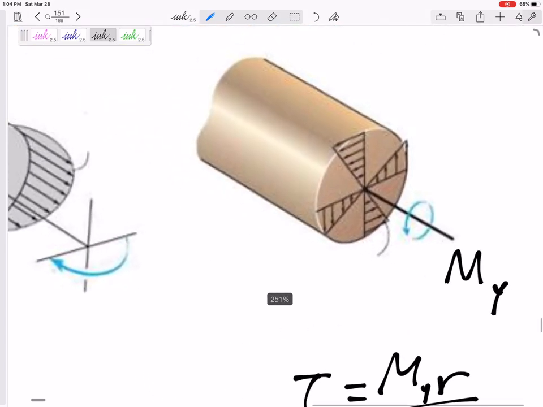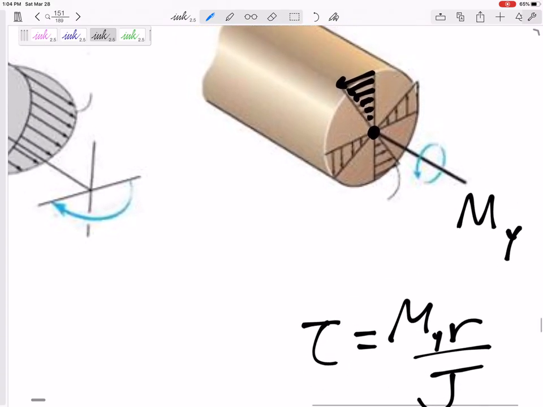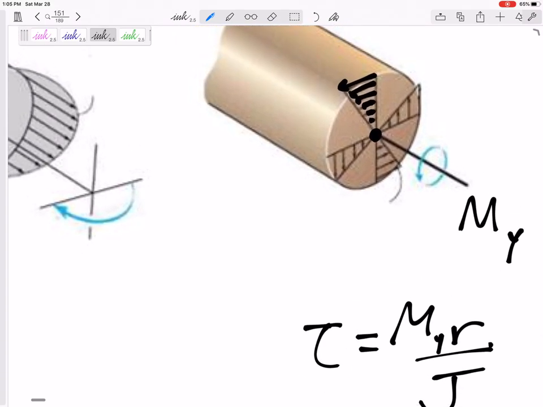Do you see how the magnitude is drawn on here? If I'm asking for what's the TR over J at the very center, it's 0 because R at the very center would be 0. But if I'm asking for it at that point, I need to calculate TR over J. If I'm asking for it at that point, TR over J. That point would be here, this point would be here. Do you see that this moment gives you the direction of the shear stress?